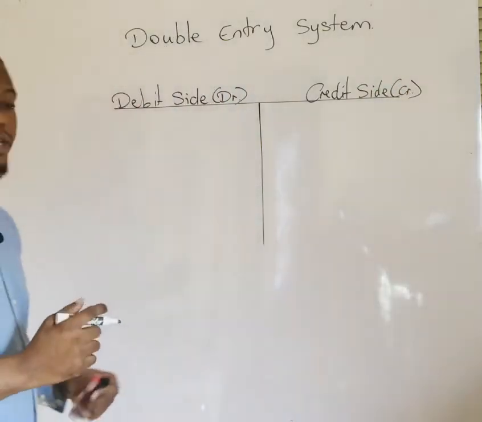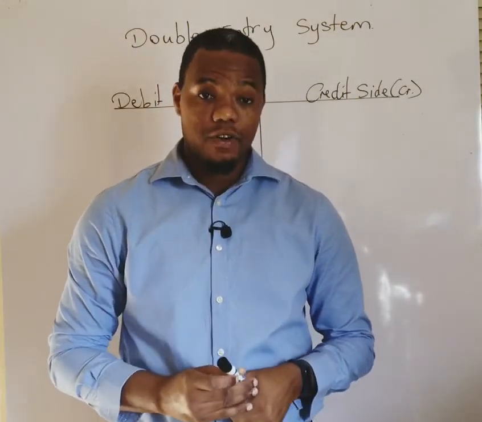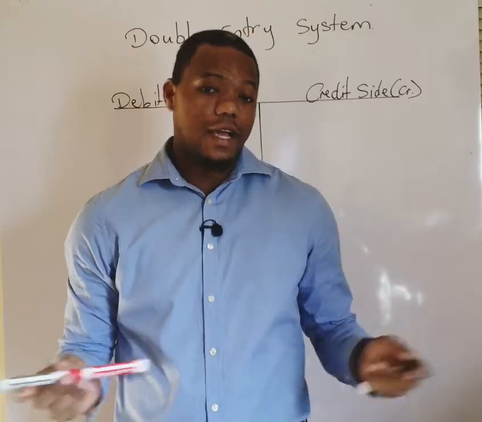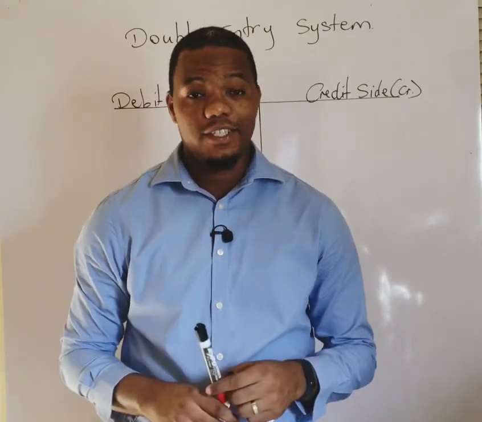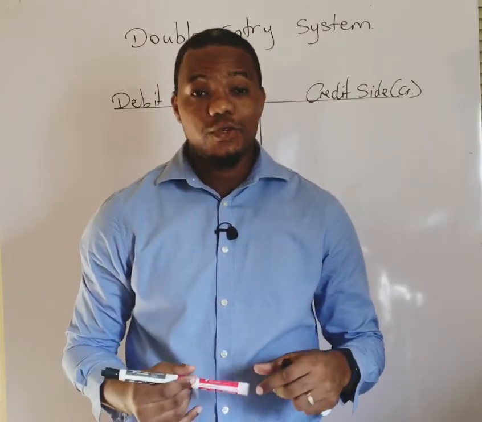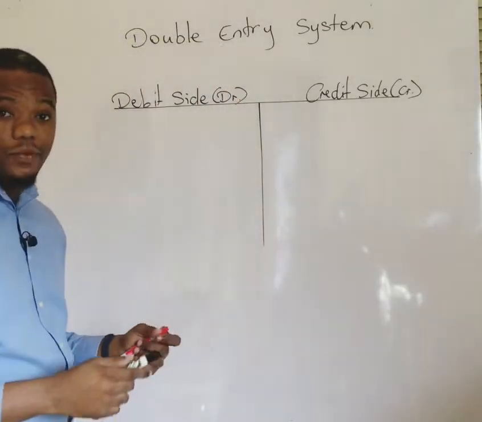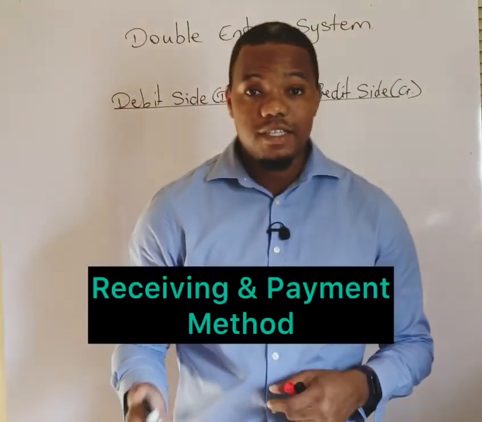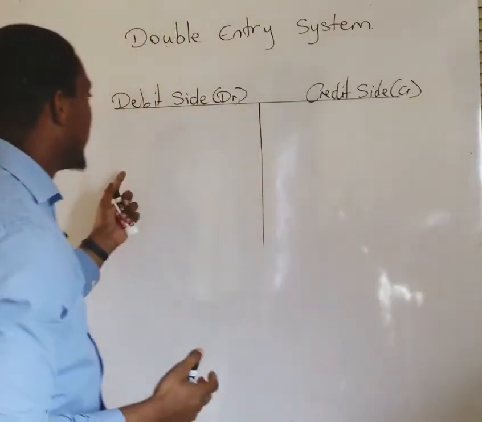All right, now there are two methods of teaching the double entry system of recording. I like to say there is a right way to teach it and there is a not so right way. So I'll teach you the not so right way first. The not so right way is what we call the receiving and paying method. Now this is how our double entry normally looks.